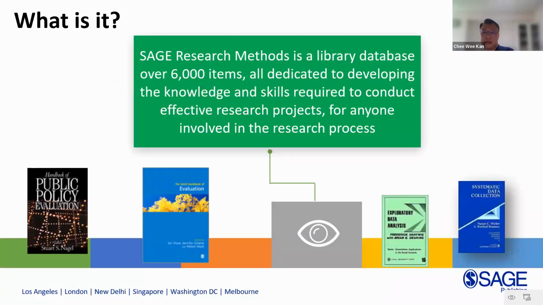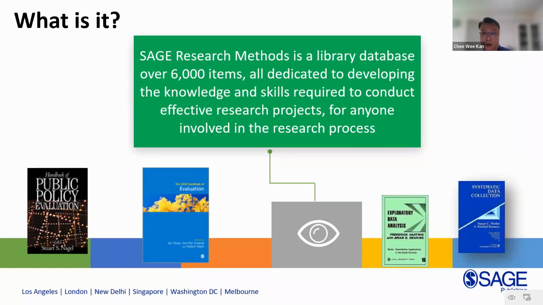Now, Sage Research Methods is a one-stop database, very holistic, for all students and researchers on research methods, to complement their research projects, because it contains over 6,000 items, all dedicated to the research process itself.